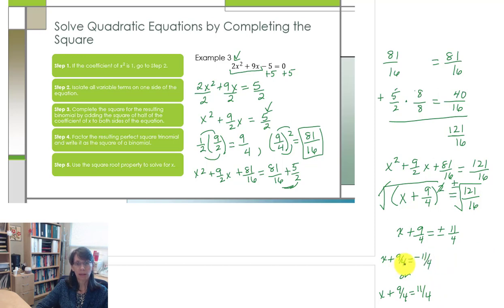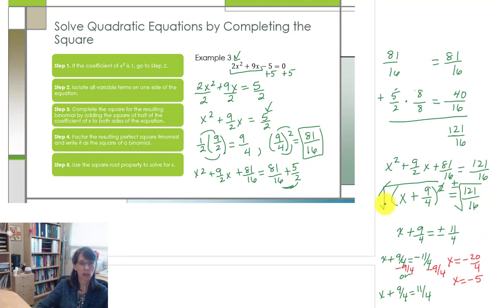So when we go ahead and solve this first equation, we'll be subtracting 9 fourths from each side of the equation. Notice that both fractions are negative, so you're actually adding 11 and 9 to get negative 20/4. So that would be simplified as x equals negative 5.